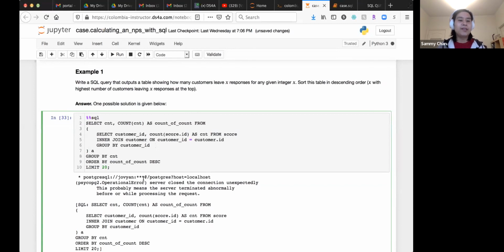This A is just an alias, so you can type in as A as well. So yeah, exactly. A is the inner query.